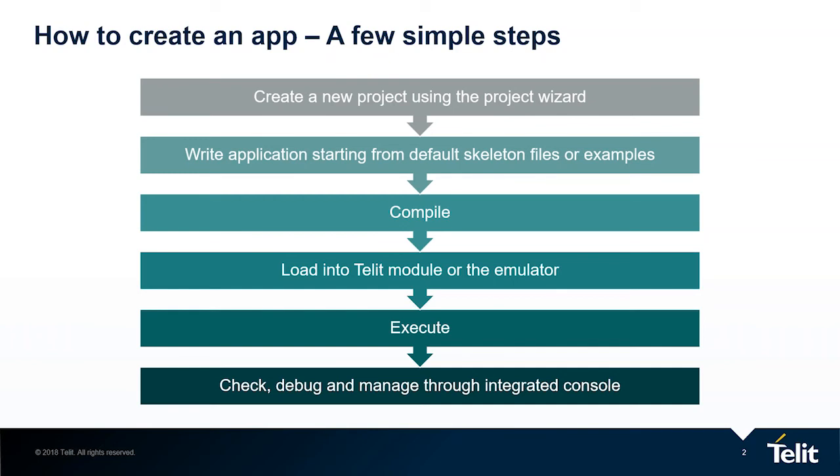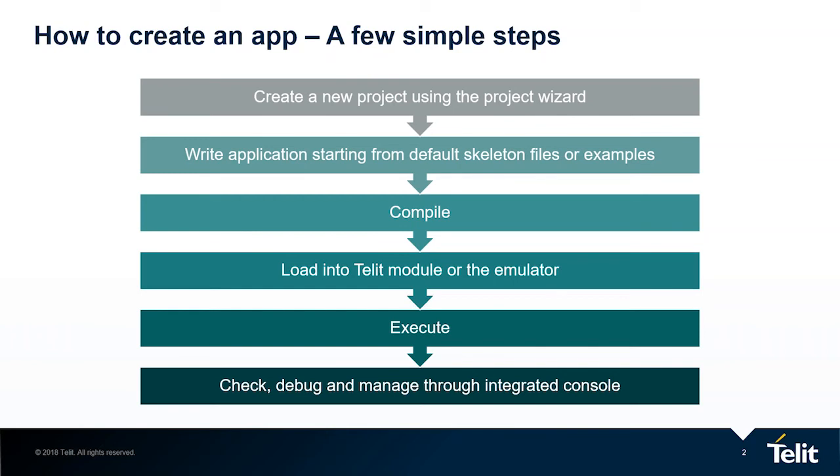Then the application will be written starting from the skeleton provided by the SDK, or using an example application as a starting point. Once the first core of the application is done, you can compile it using one of the available toolchains, so ARM or GCC, and then load the binary application on the module or using the emulator.